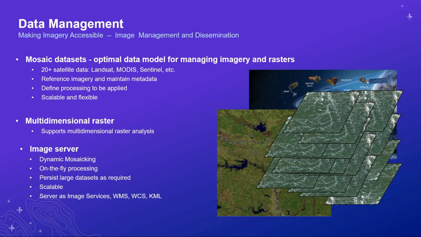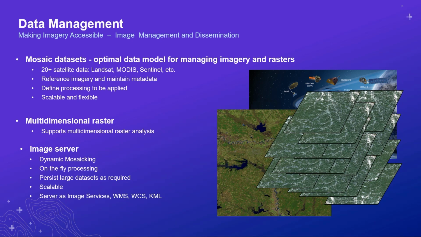And another data model is multidimensional raster, which is used to manage multiple rasters or store multiple rasters in one file. And this multidimensional raster has well-structured metadata such as variables, dimensions, dimension values, so that you can do quick query of the data.